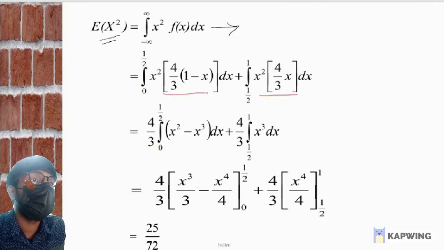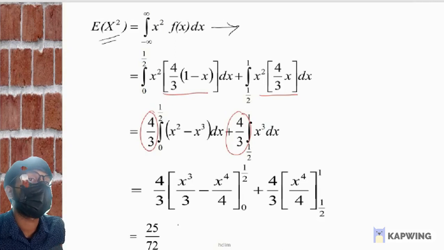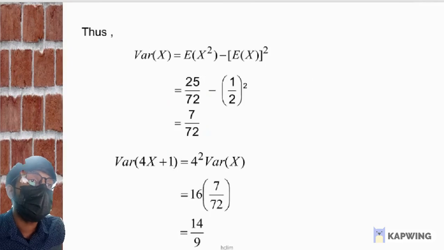After we do the integration, we get 25 over 72. So the variance of X is equal to E(X²) minus mean squared. We have E(X²), which is 25 over 72, minus the mean squared, 1 over 2 squared. So the answer is 7 over 72.